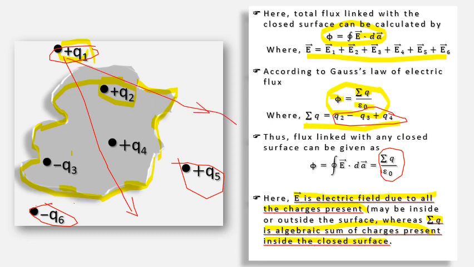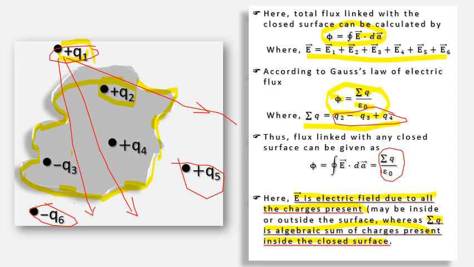Consider these three field lines, they are entering our closed surface, fine, but then they are leaving also. So net flux of q1 linked with our surface is 0. That is true with q5 and q6 also. And hence, while finding out electric flux, it's okay if we don't consider charges outside the surface if you are using Gauss's law.